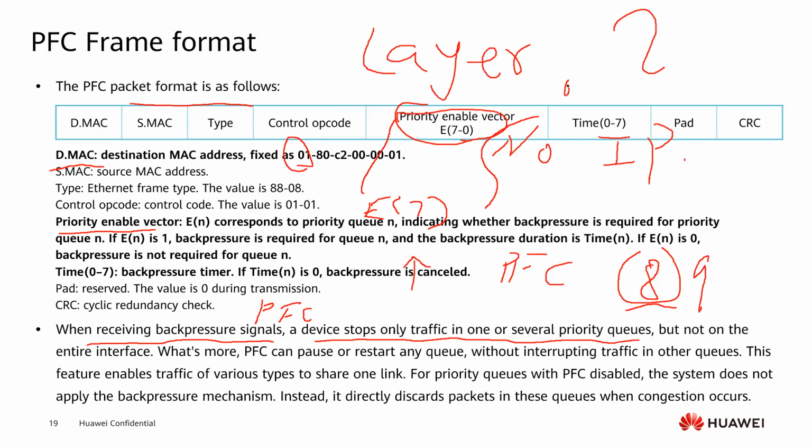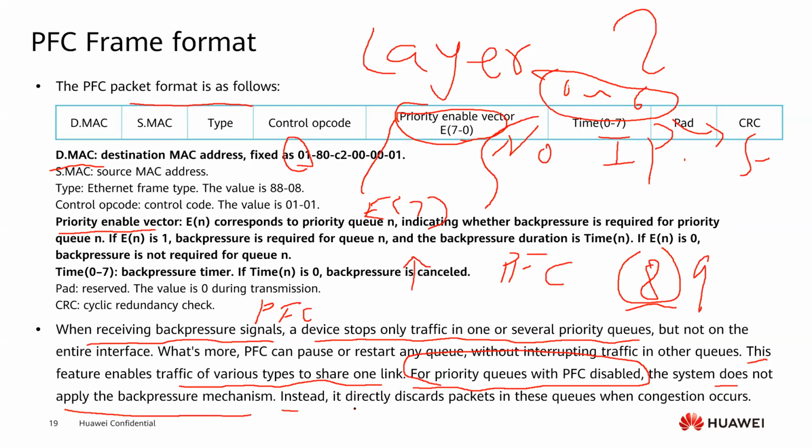And for the priorities from 0 to 6, the packets will not stop. Okay, so this feature enables traffic of various types to share one link. For a priority queue with PFC disabled, if some device can't support PFC, the system doesn't apply the back pressure mechanism. Instead, it directly discards the packets in this queue when congestion occurs.